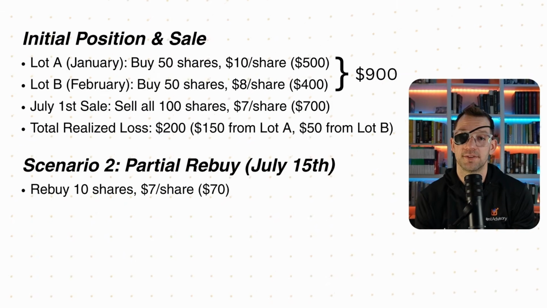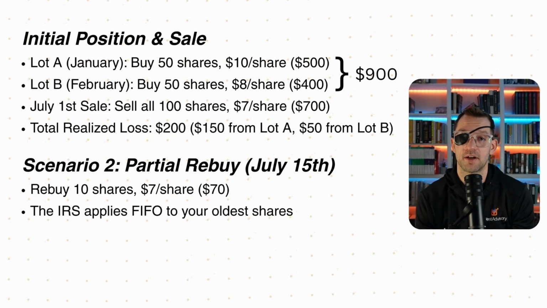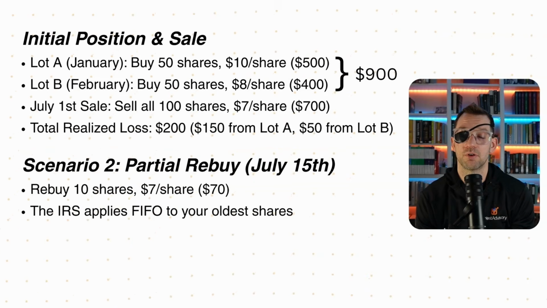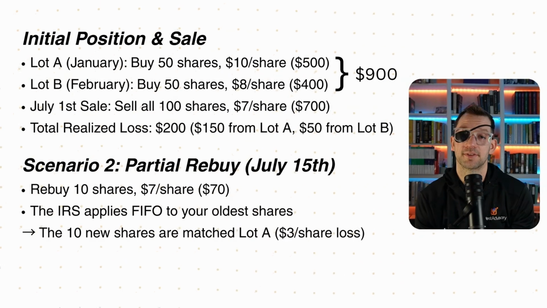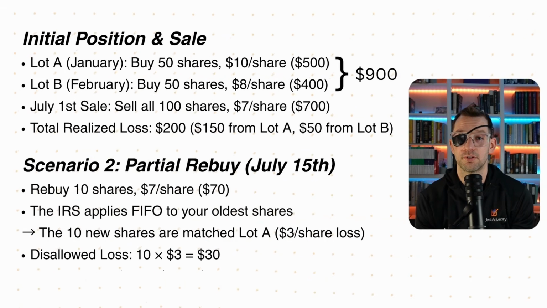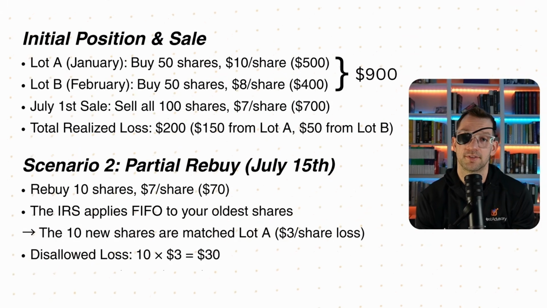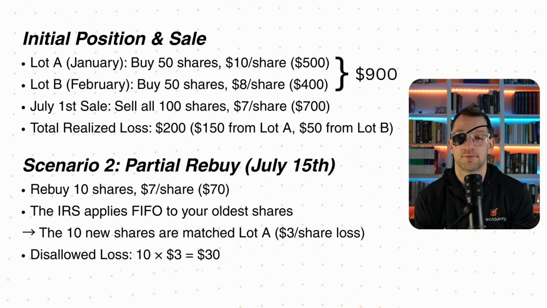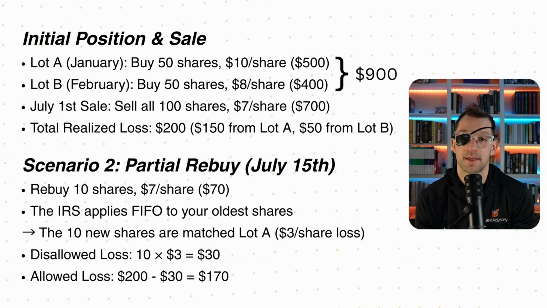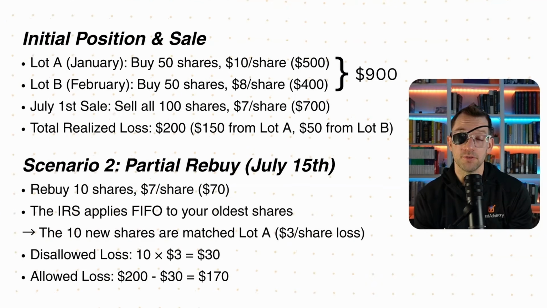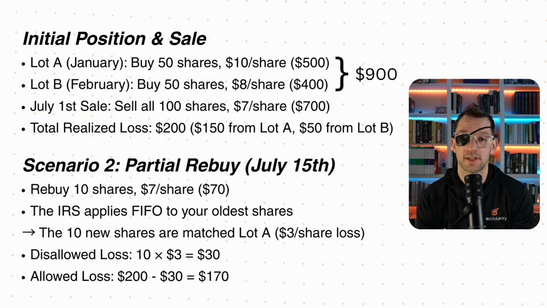What's going to happen is that you'll have the loss applied to your oldest shares. Those are the losses that'll be disallowed, which in this case is the January shares. So your total disallowed losses is $30 or $3 per share. So the IRS will reduce your losses that you can realize from $200 to $170.